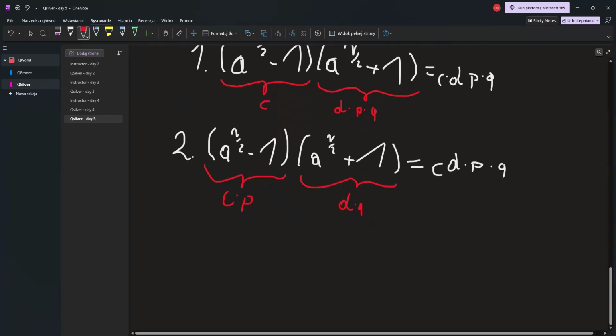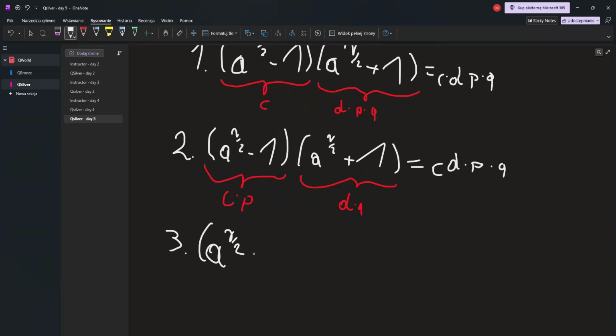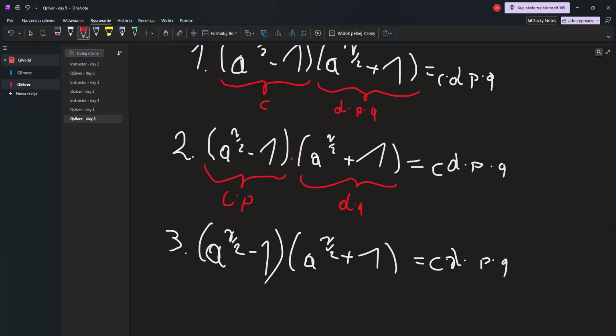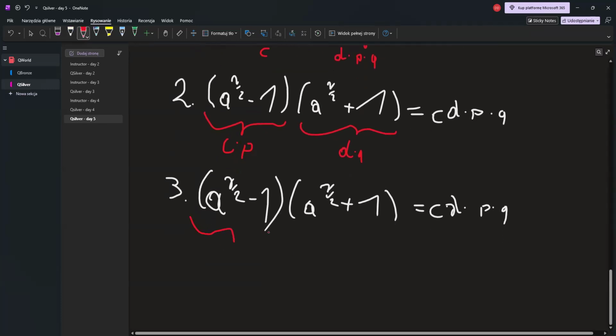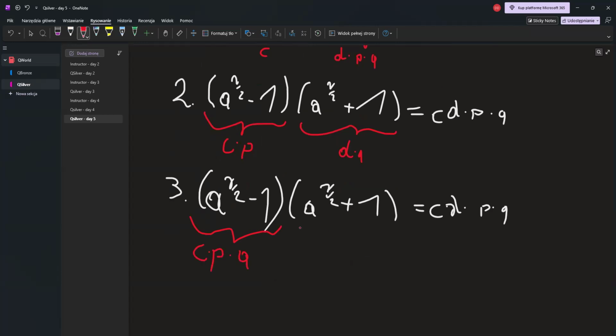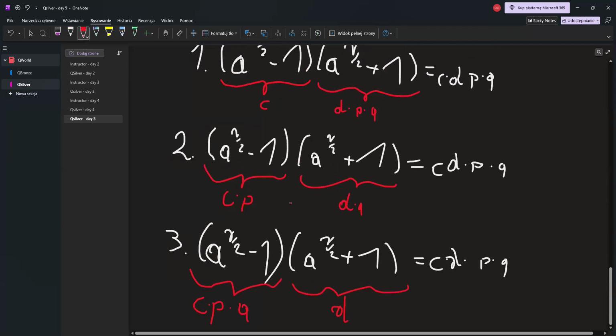And the last, third option is a to the power of r divided by 2 minus 1 again. Here we also rewrite the expression plus 1 is equal to cdpq. And now we can see that this might be equal to c times p times q, and this will be equal to d. So we have three possibilities.